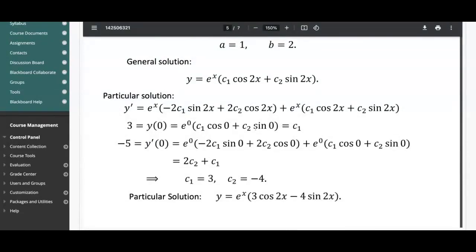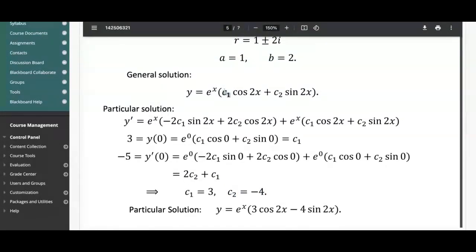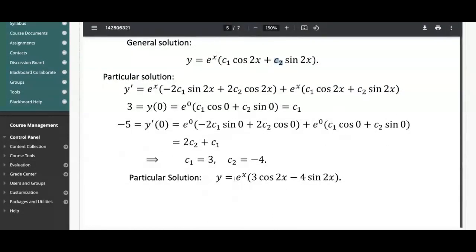Sine 0 is just 0, so we get c1 right away equals 3. The second one, we can plug in c1 to be 3, solve for c2 equals negative 4. So c1, c2 are the only unknowns here. Plug back in, we get a unique solution for the given two initial conditions. Anyone has any question?